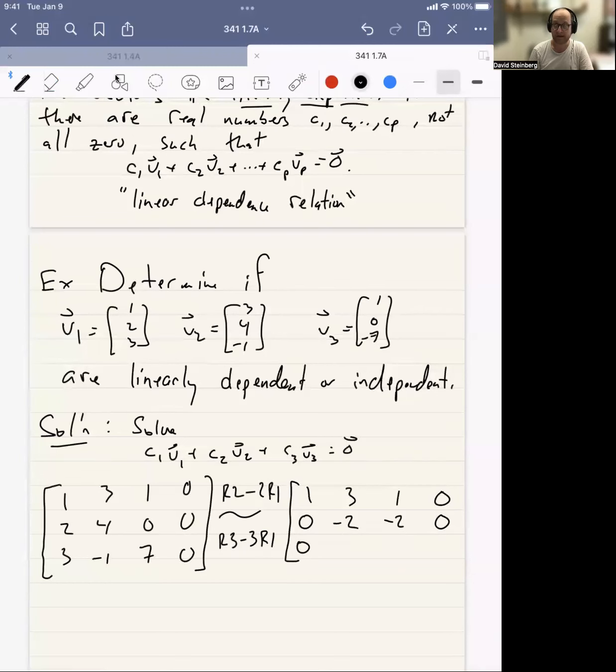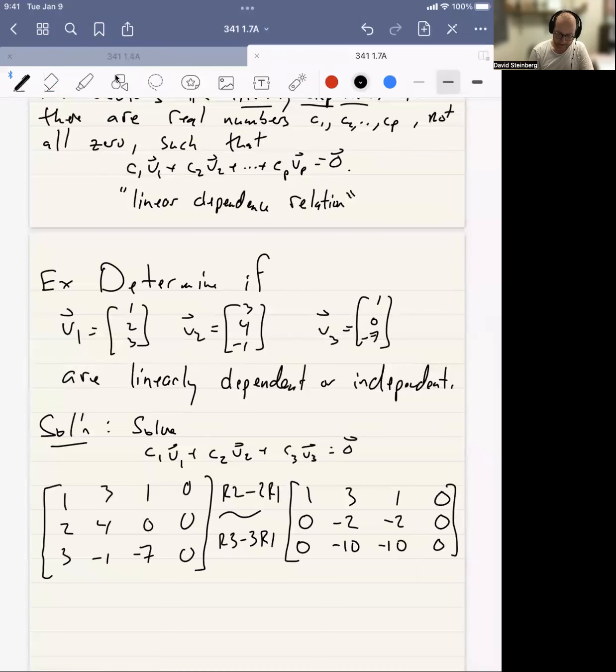Negative 1 plus negative 3 times 3 is negative 10. Negative 7 plus negative 3 times 1 is negative 10 again. And then 0.